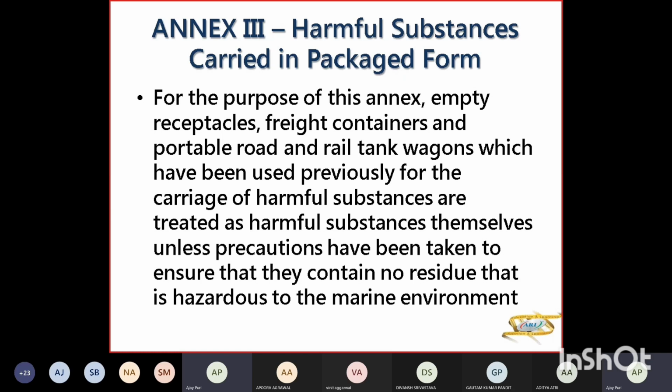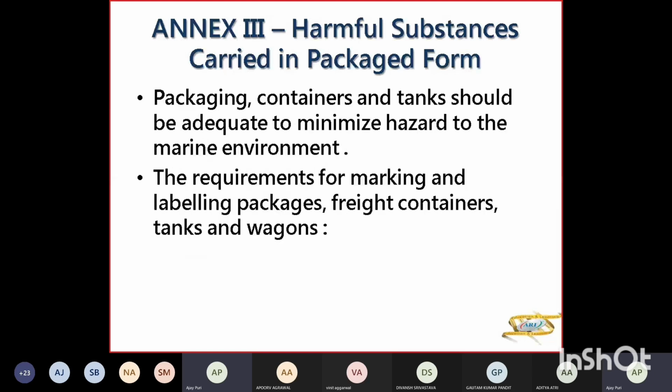So if they are cleaned, they are clean, so they are not considered as harmful then. Otherwise, they'll be considered as harmful. So packaging, containers and tanks have to be adequate to minimize your hazard to the marine environment. So the requirements for marking, labeling, freight containers and tanks will be in this as per IMDG.